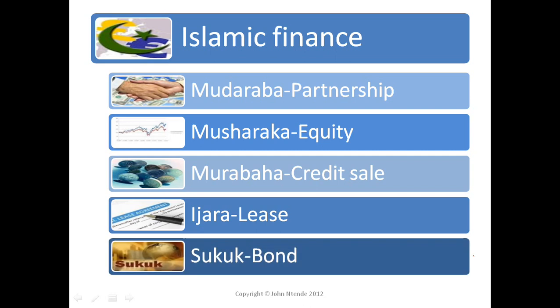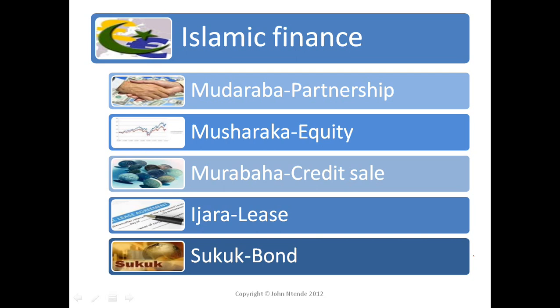There's something which is called sukuk, which is an Islamic bond, which is similar to the ordinary bonds we've already looked at. The only difference is that there is an underlying tangible asset that the bondholder shares in the risk and rewards of ownership. So this gives the sukuk properties of equity finance as well as debt finance.